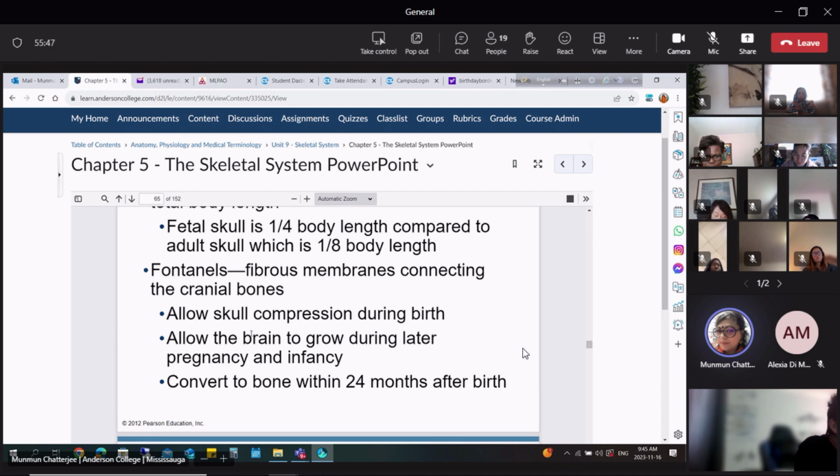What it does is allow skull compression during birth, because the skull is huge. Sometimes it's very hard for the skull to come out. If there's a fibrous membrane, it can squeeze. But if it is sutured, it cannot squeeze because it's a bony structure. It also allows the brain to grow during later pregnancy and infancy. So up to 6 months, babies need care.